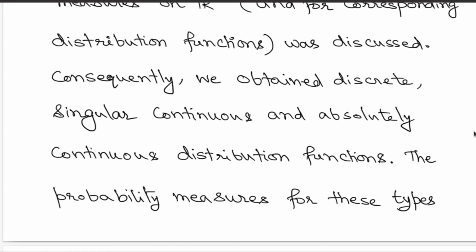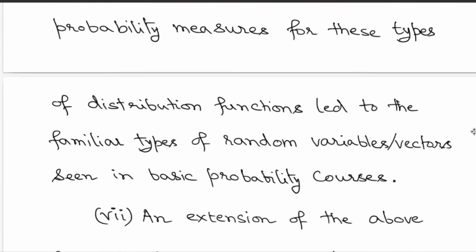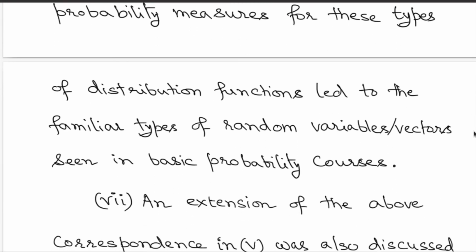Probability measures that corresponded to these special classes of distribution functions led to familiar types of random variables or random vectors as seen in basic probability courses. For example, we connected it to the discrete random variables and absolutely continuous random variables.